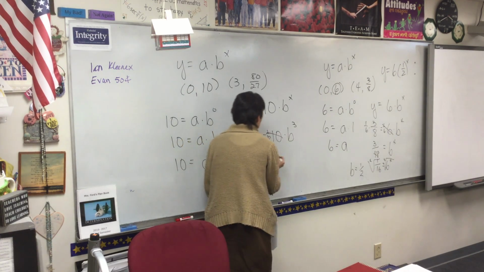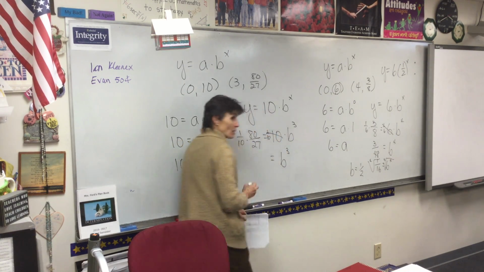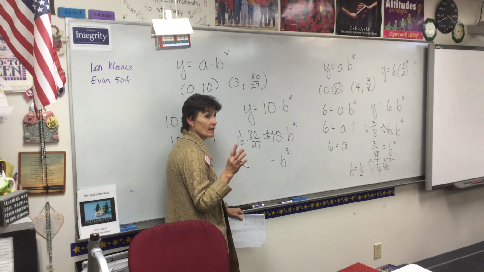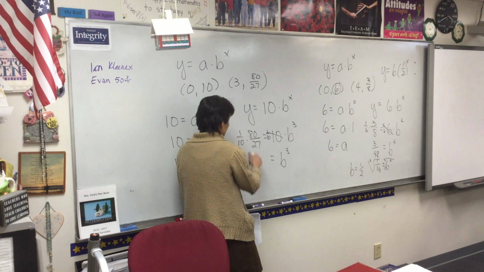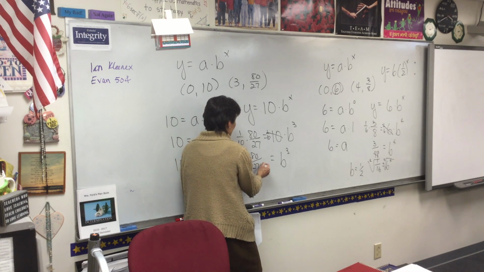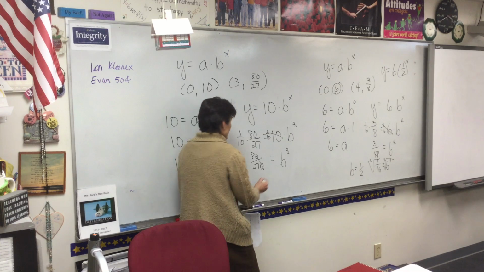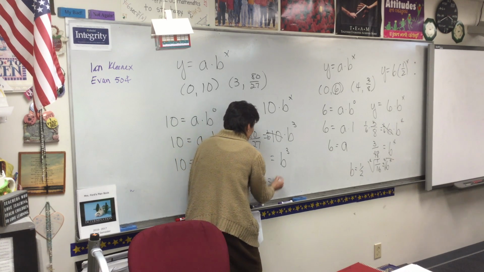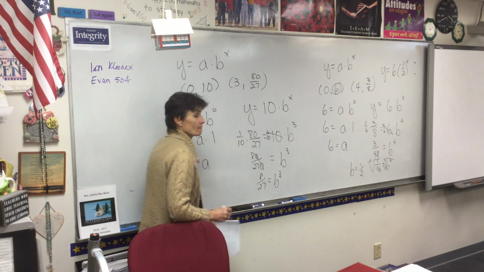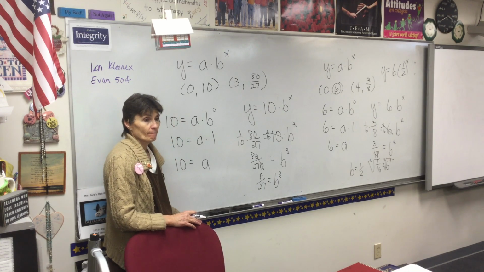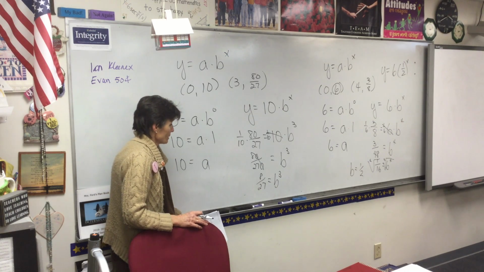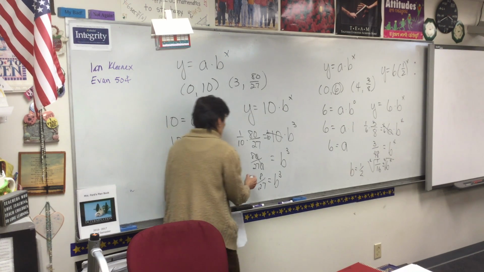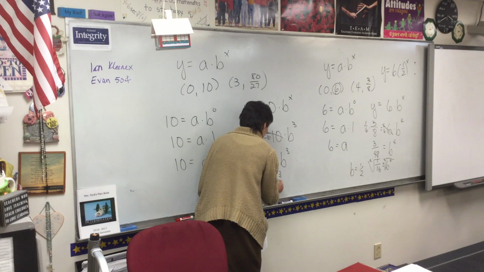So now over here, I just have b to the 3rd. So I'm going to be cube rooting, right? At some point. Now what am I going to be cube rooting? 8/27. This is 80 over 270, which reduces to 8/27. We're allowed to cross cancel, right? In this one you can. So we end up cube rooting both sides.